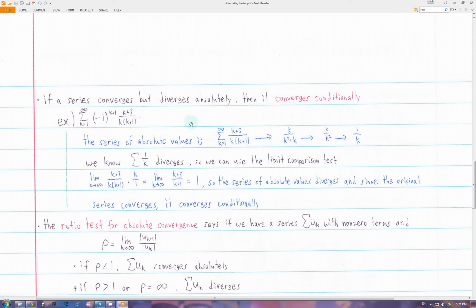So these two series have the same convergence or divergence. And since this is the harmonic series which diverges, this series of absolute values diverges as well. So this original alternating series diverges absolutely. But if we use the alternating series test, it will converge regularly. So it converges normally but diverges absolutely, and therefore it converges conditionally.